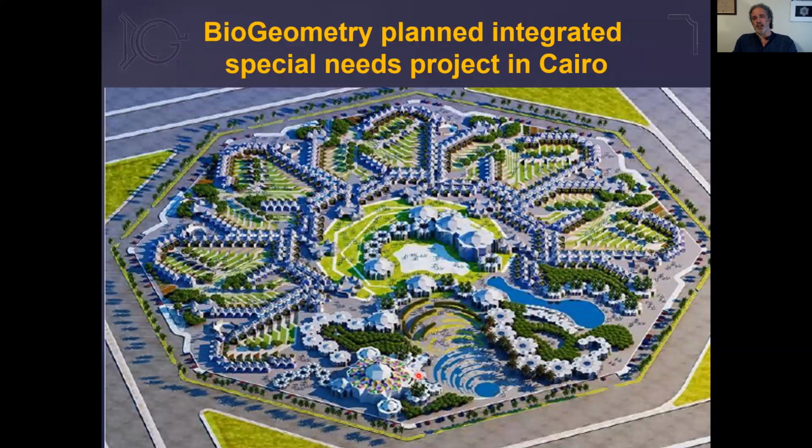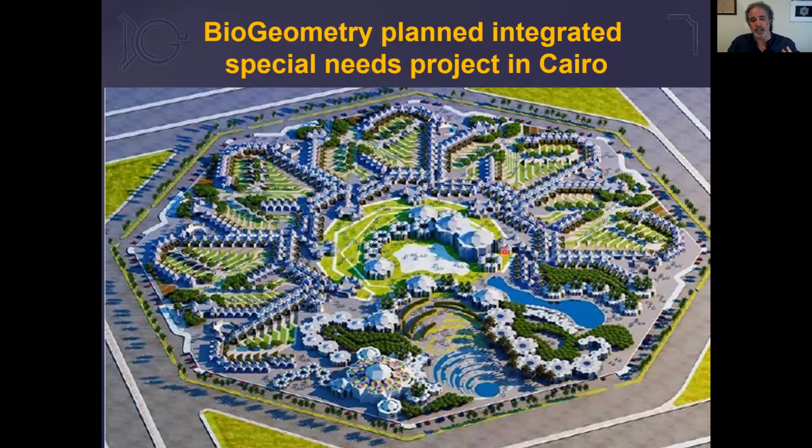Now, this is a project which is, at the time of writing, still in the offing because the permits from the Egyptian government are still being awaited. It was designed as a special center, quite a big one, as you can see from the design.